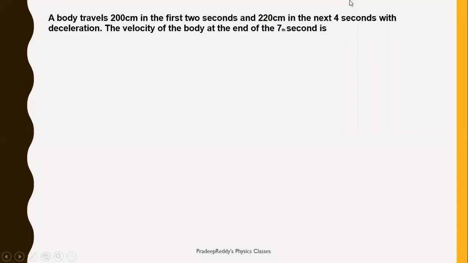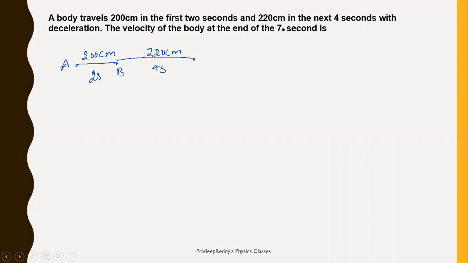Students, in this particular problem, we have a body that travels 200 centimeter. This is 200 centimeter and it is traveled in the first 2 seconds. And in the next 4 seconds, the body is traveling a distance of 220 centimeter with constant deceleration.